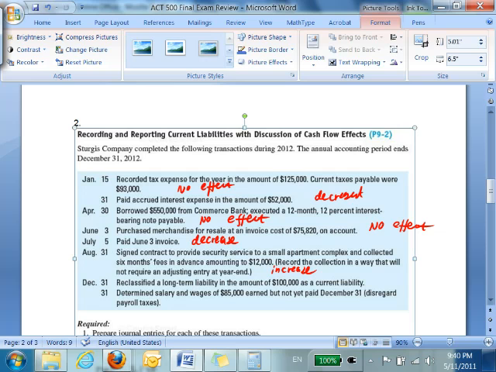December 31st, let's see. Reclassify long-term liability in the amount of 100,000 as current liability. No effect on cash flow. Determine salary and wage payable, wage of 85,000 earned, but not yet paid on December 31st. Not yet paid, no effect.